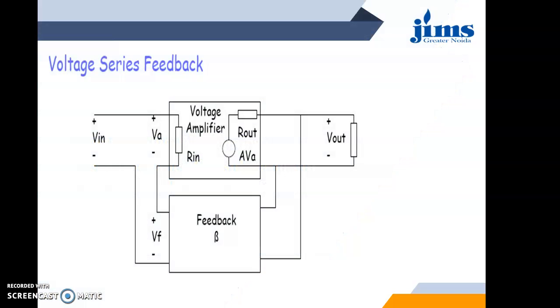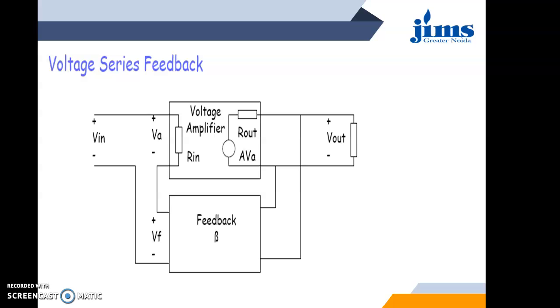Overall there are four configurations of negative feedback, which are voltage series, voltage shunt, current series and current shunt. For all four configurations, we will be discussing input impedance and output impedance, the effect of feedback on Zin and the effect of feedback on Zout.